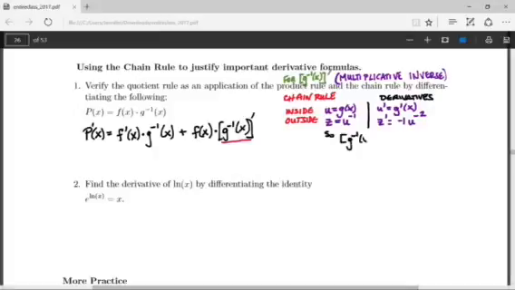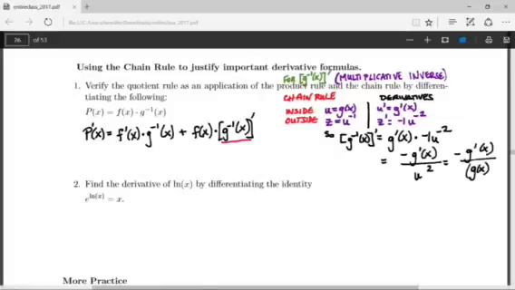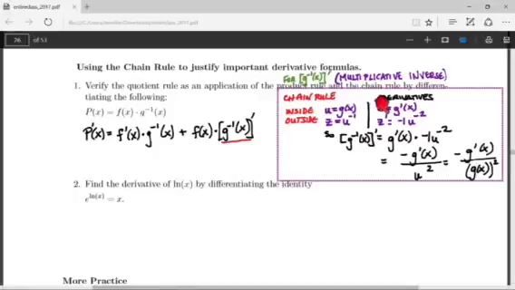So we've multiplied them together. We've written that the derivative of g inverse of x is the derivative of g times negative 1 u to the negative 2.